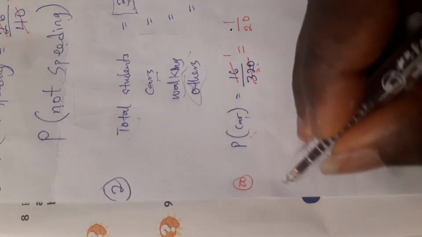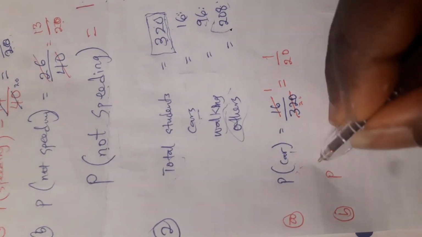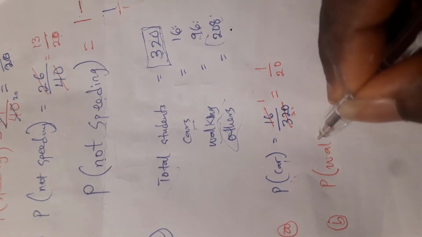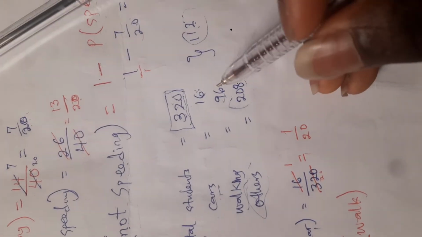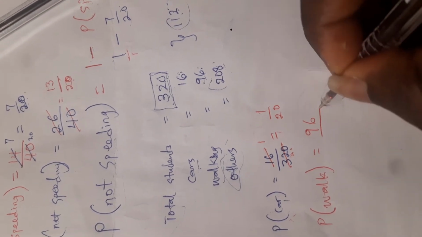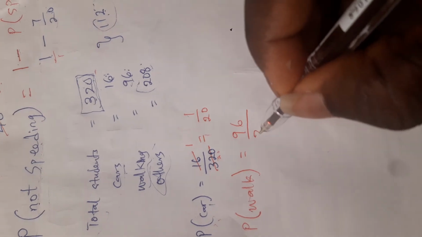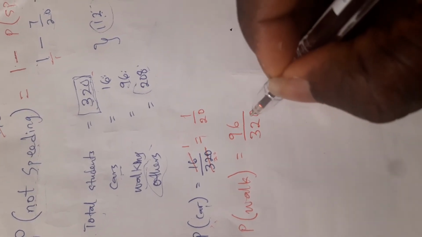Now question 2B. What is the probability of those that walk to school? The probability of those that walk to school is 96 divided by the total number of students. So I have 320. Please, I need you to pay attention.